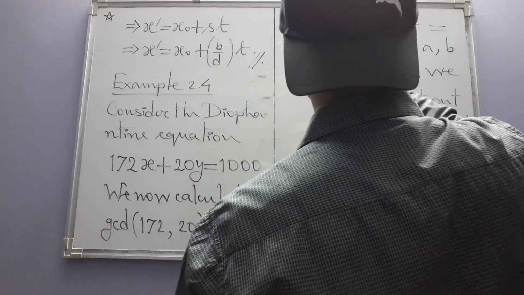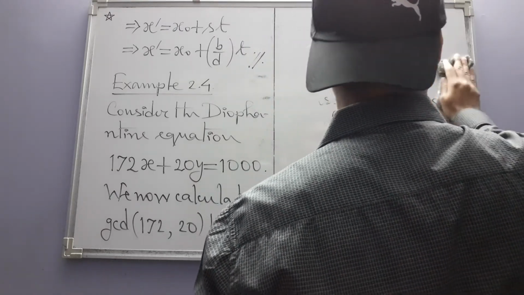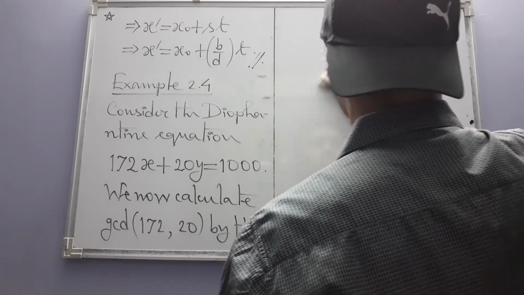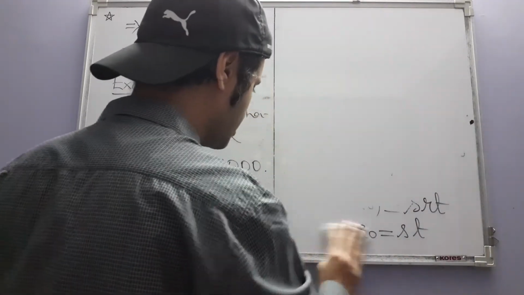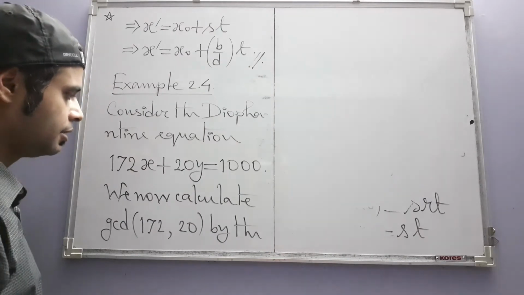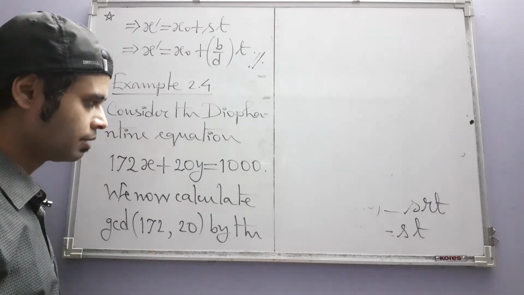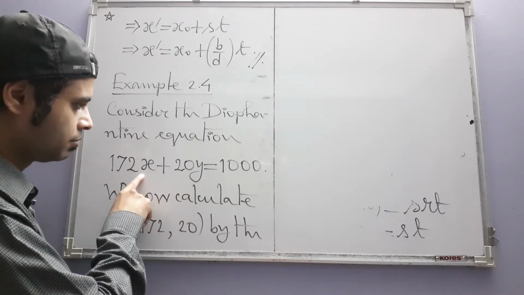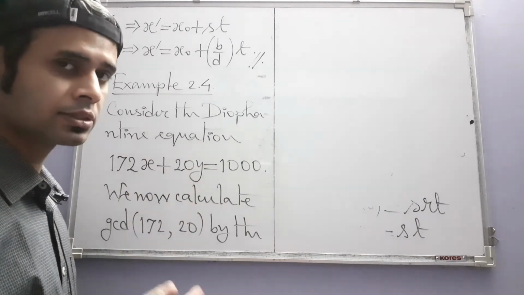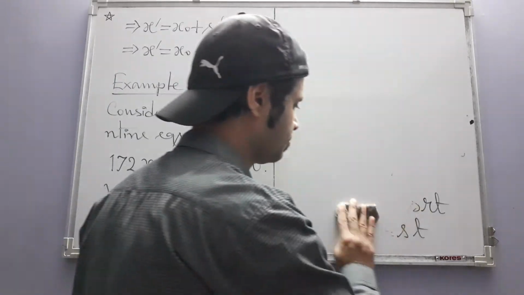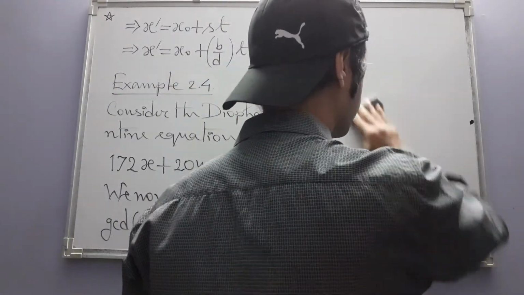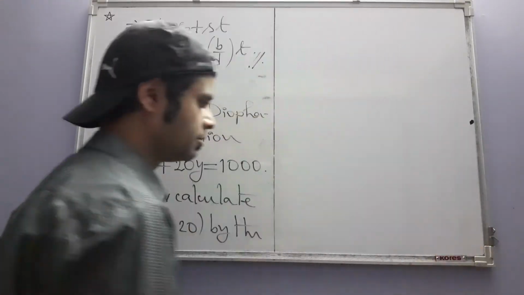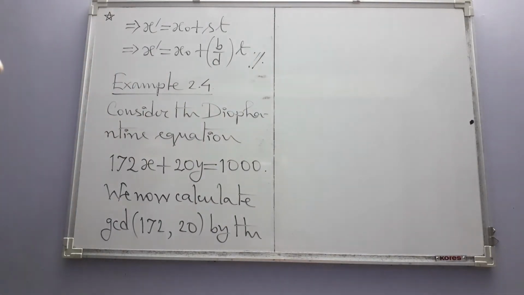That is because the Euclidean algorithm not only allows us to calculate the GCD, but it also allows us to express the GCD as a linear combination of these two numbers, which would in fact give us a particular solution. And then based on that solution, we would write down the other ones using the second part of our theorem.